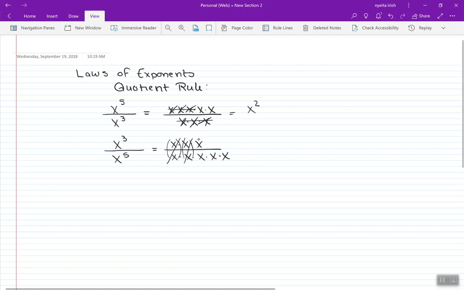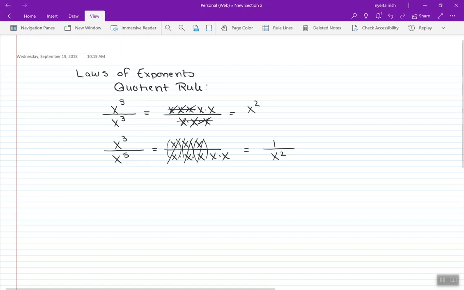There goes another one. There goes another one. All right, so it's 1 on top, because they all canceled out, over, and then I still have 2 x's on the bottom. And again, you can kind of look at this intuitively. Well, if I have 3 x's on top but I have 5 on the bottom, I'm going to have more on the bottom when I get done canceling.